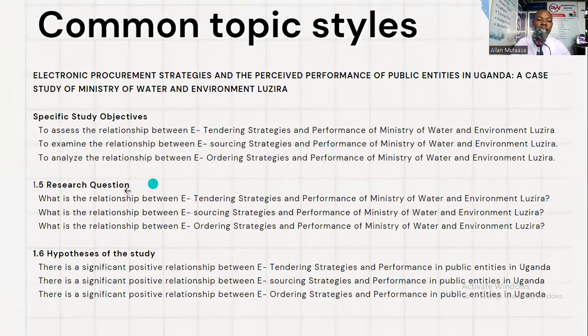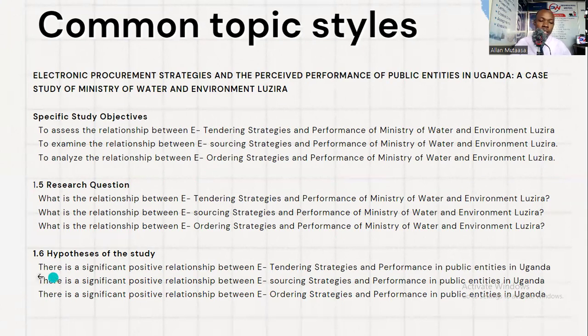See? And then we shall do the same thing with the research questions. So the research questions, we are just going to reformulate our objectives. So if we have said we want to assess the relationship between e-tendering and performance, we are going to say, what is the relationship between e-tendering strategies and performance?